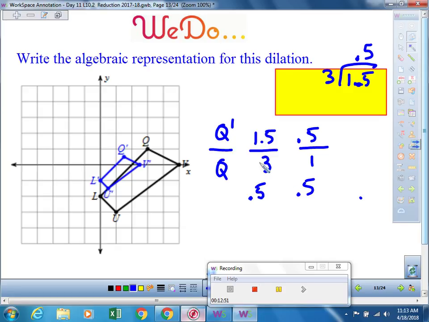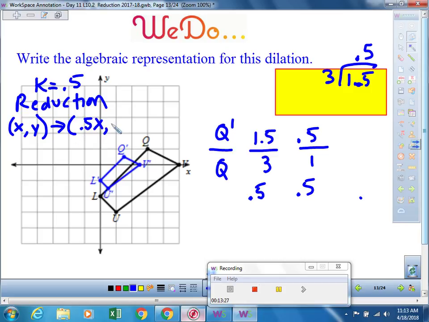But that is 0.5. Is this an enlargement or reduction? Reduction, and you can look at it. Here's your pre-image. It went smaller to your image. So it's a reduction. And you write your algebraic. So 0.5x, 0.5y. Okay?